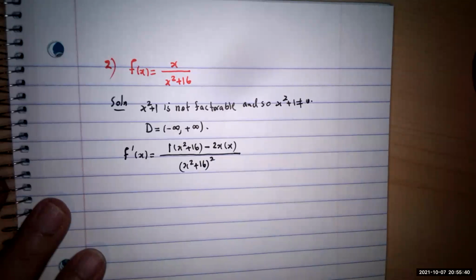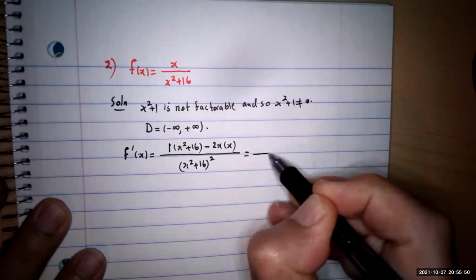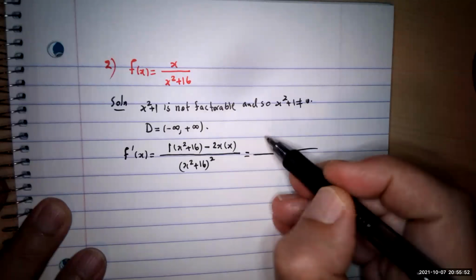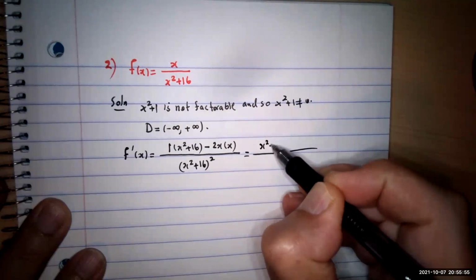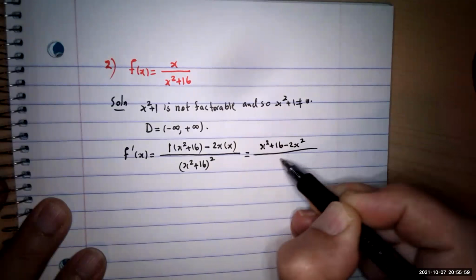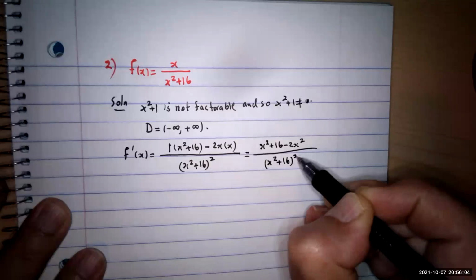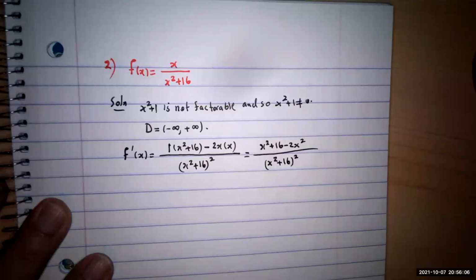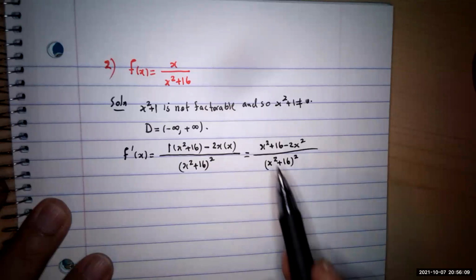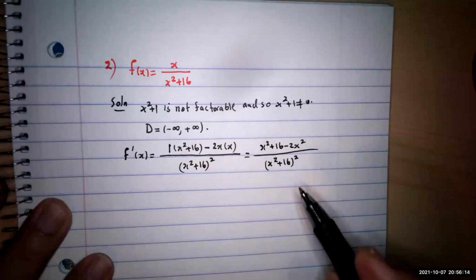Carefully differentiate it. Then simplify the top. We distribute the 1, which gives us x squared plus 16, minus 2x squared, over x squared plus 16 all squared. Continue on the top to simplify the like terms: x squared minus 2x squared gives me negative x squared.